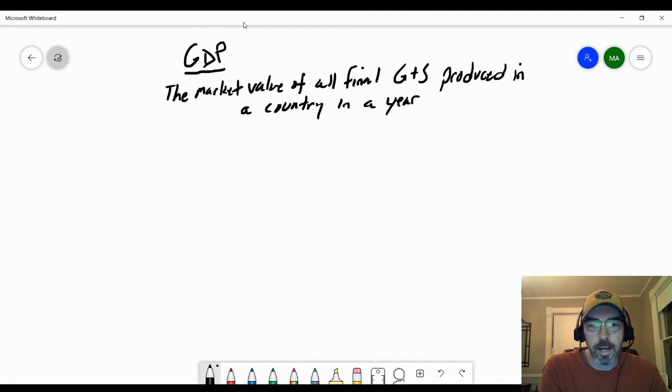So there's a lot to unpack here. The market value, for example, here we're talking about the price of the product. And essentially, it's the price of the product based on how much it did sell for or is expected to sell for. So that's the market value.